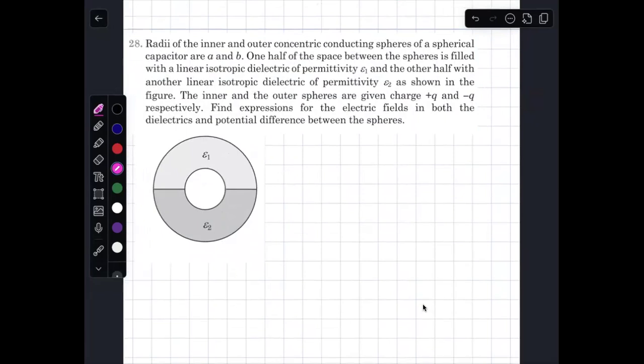Radii of the inner and outer conducting spherical shells. Same question, boss. Find the expression for electric field in both the dielectrics and the potential difference between the spheres. Same question. Even if required, I will extend the question also in the same way.